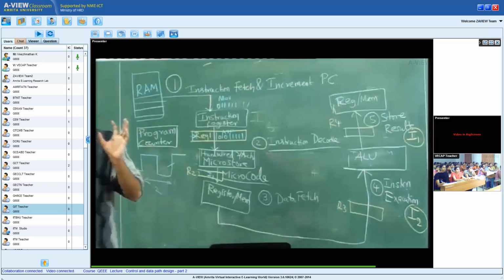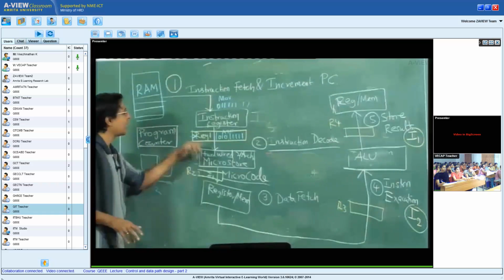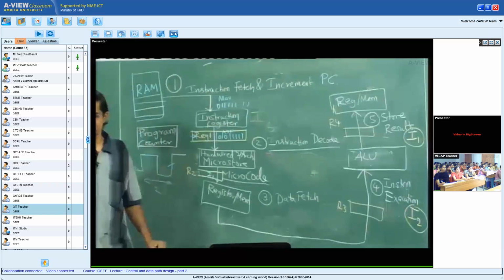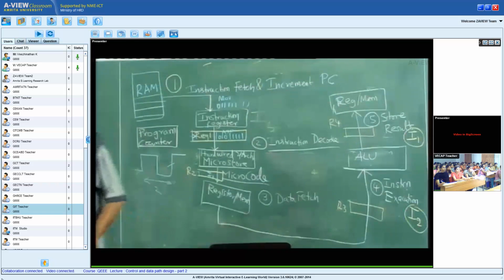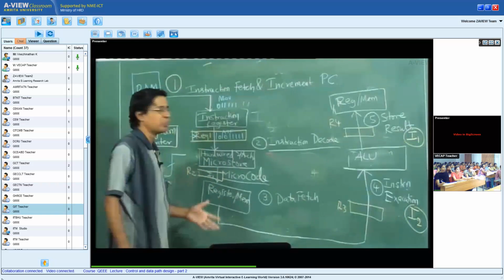So isolation of the stages is very important, and this isolation occurs by putting registers. So typically this is how circuits or hardware is built.